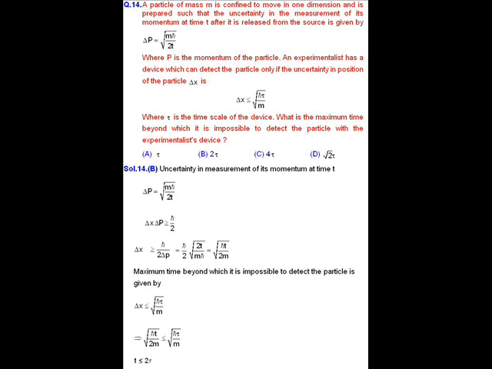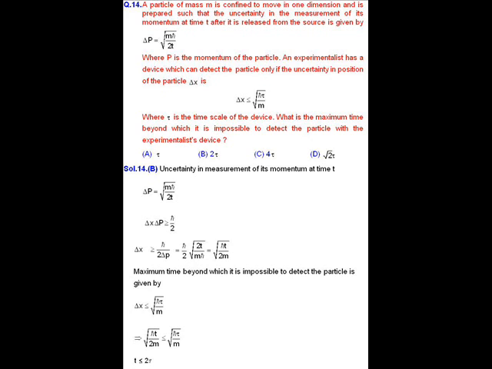Now again, it is given that an experimentalist has a device which can detect the particle only if the uncertainty in position of the particle delta x is less than or equal to square root of h cut tau upon m, where tau is the time scale of the device. So the maximum time beyond which it is impossible to detect the particle is given by delta x less than or equal to square root of h cut tau upon m.